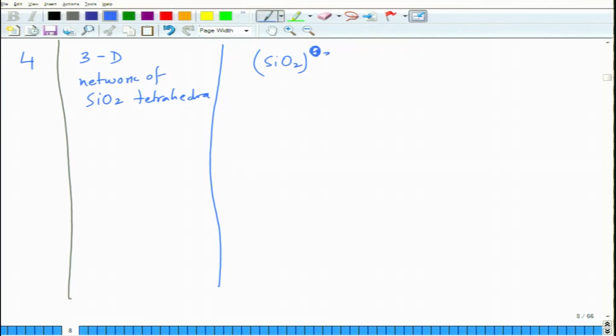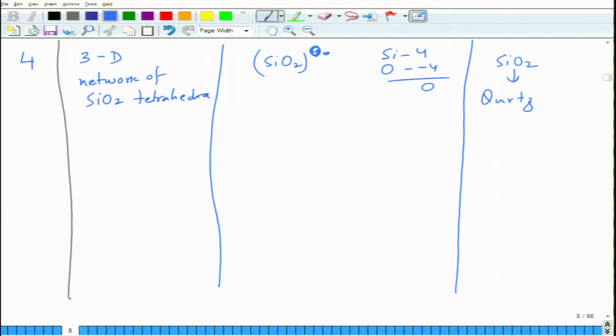Okay. So, you have here Si will have 4, oxygen will have minus 4, net will be 0. So, this is basically a crystalline silica, which is called quartz.